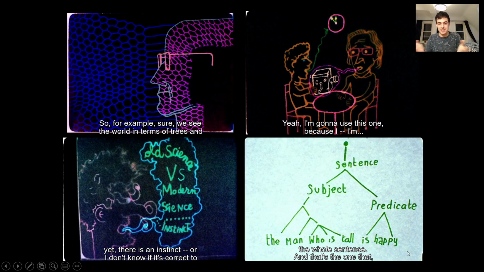The idea is that you would select the "is" which has the smallest distance from the beginning of the tree. So you wouldn't swap this one: "Is the man who tall is happy", because that makes no sense, but "Is the man who is tall happy?" That one. And so that's one example of a rule that we have in natural language, sort of.